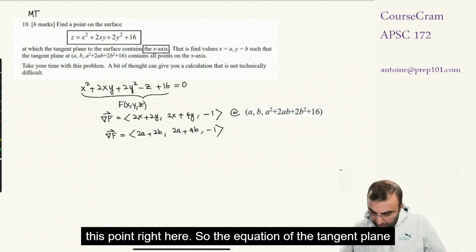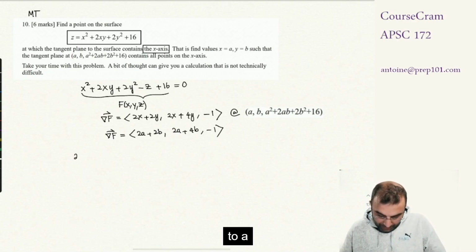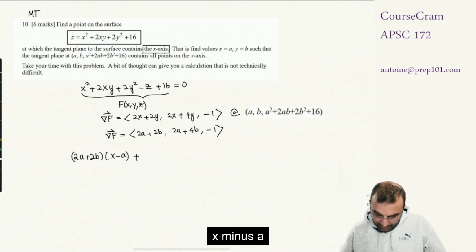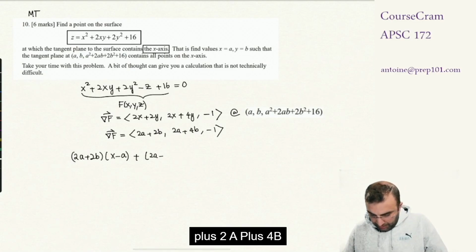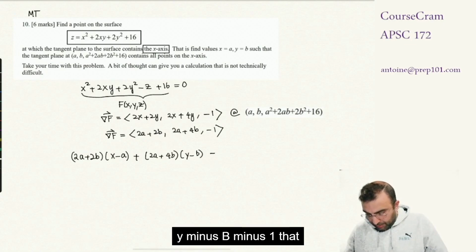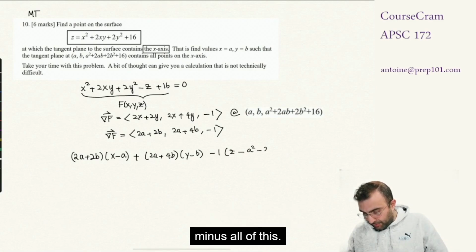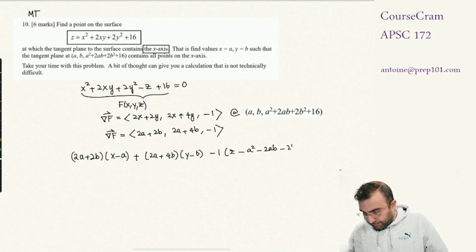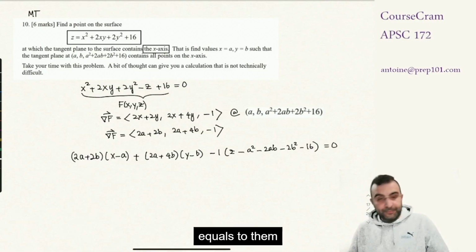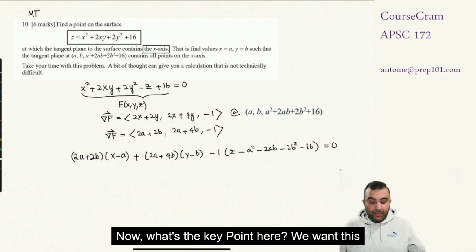So the equation of the tangent plane is (2a plus 2b)(x minus a) plus (2a plus 4b)(y minus b) minus 1 times (z minus all of this) equals 0.